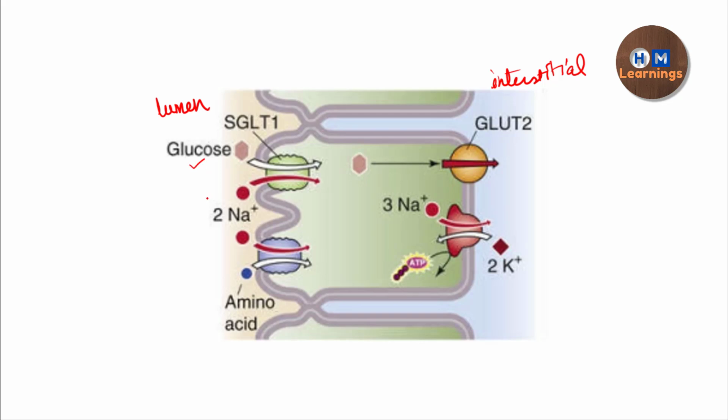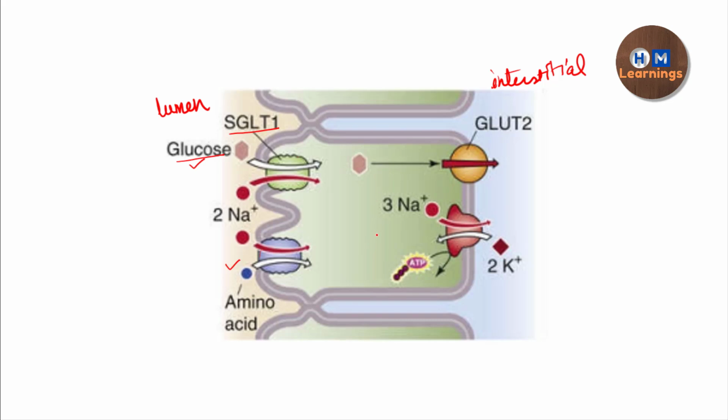In the lumen you can see there is glucose which needs to be transported, and there are amino acids also which need to be transported inside the cell. So there are specific transporters present for the transport of glucose and for the transport of the amino acids on the apical membrane, and these transporters are not present on the basal membrane.